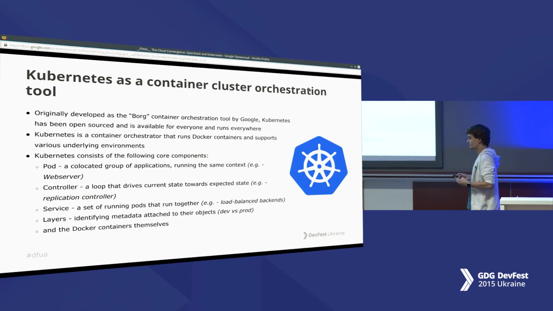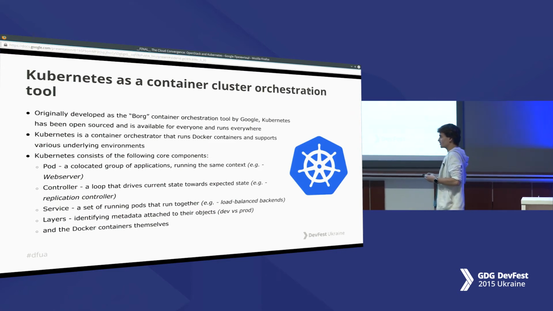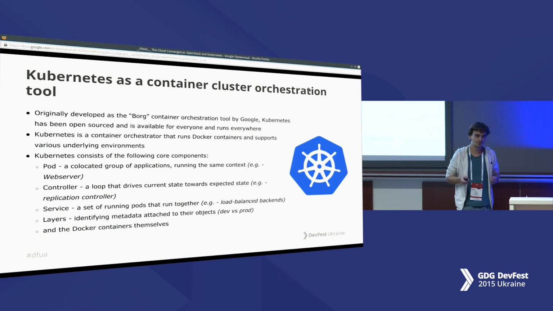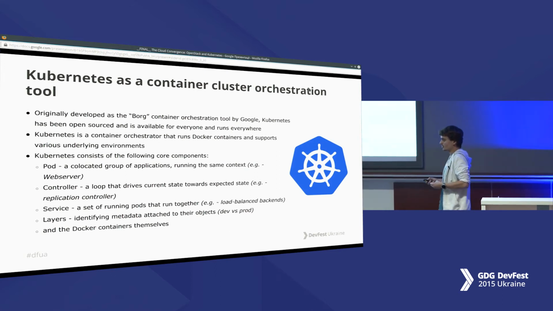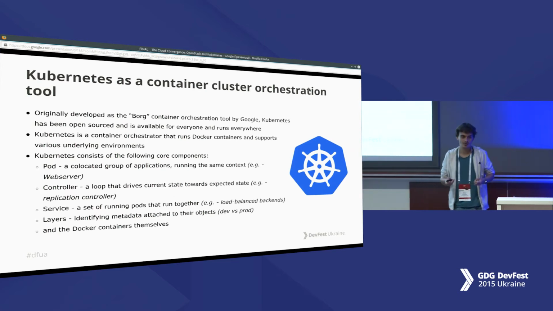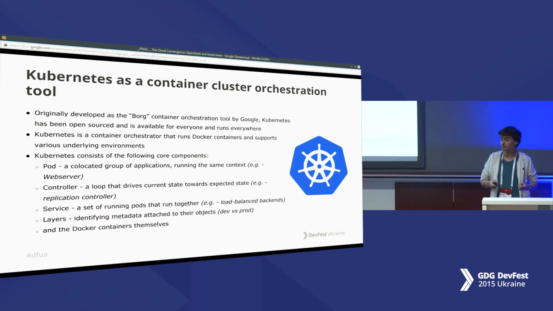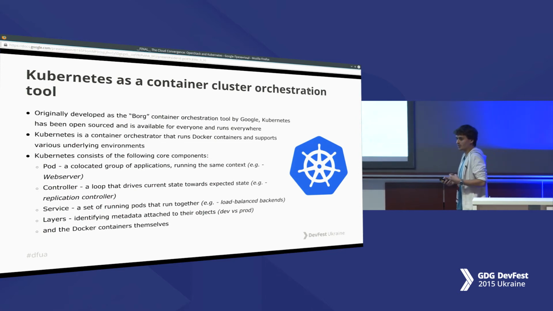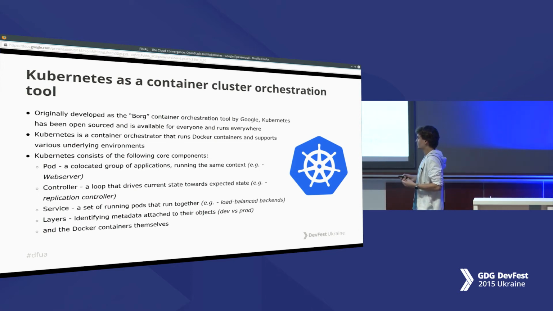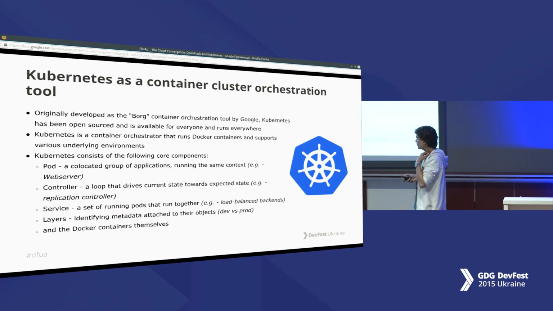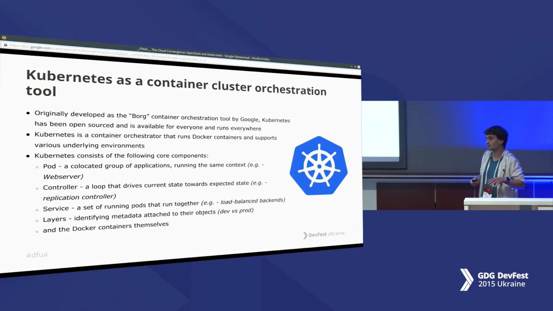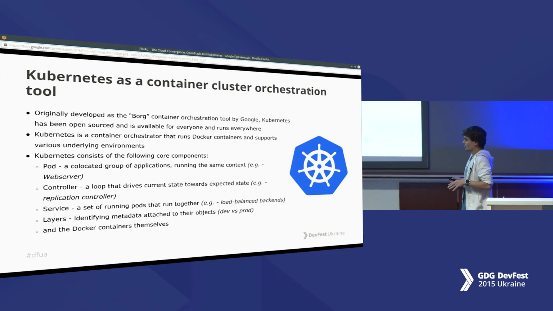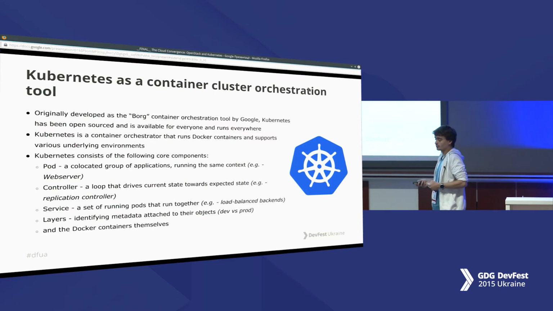So if you'd like to run different applications that might be used either on development, staging, or production environments, and you have different scaling policies and different content of the containers, you may label them, and different actions will be performed on those containers. And of course, the main component of a Kubernetes cluster is the Docker containers themselves.